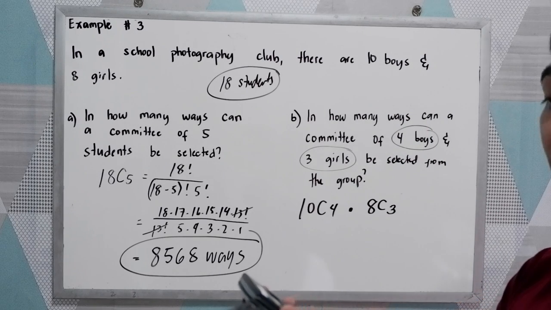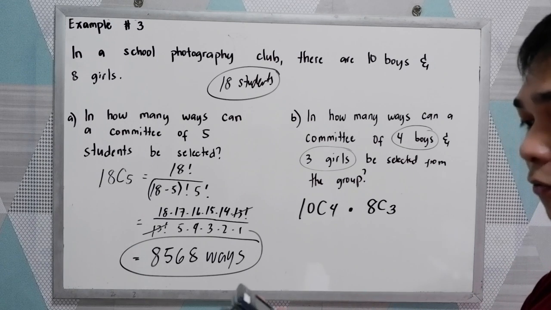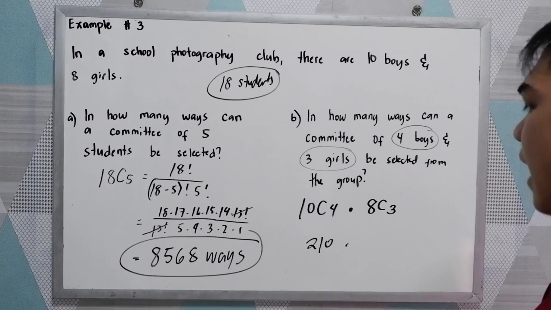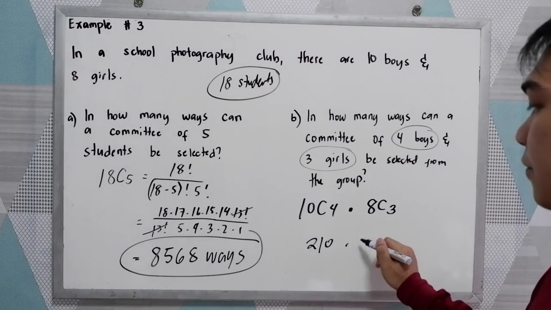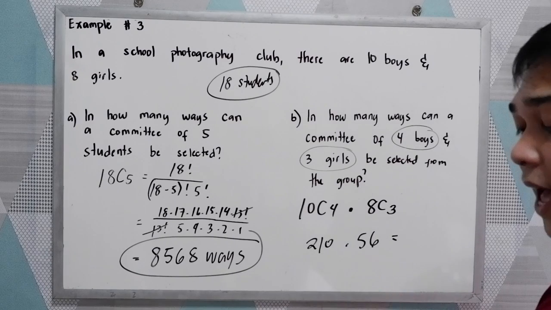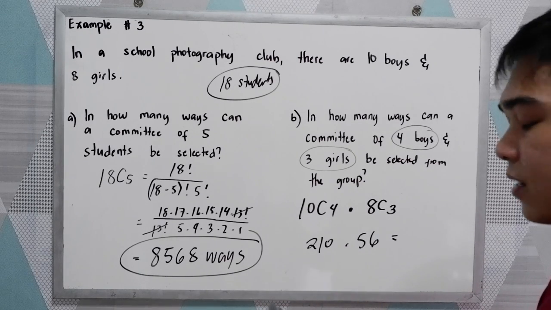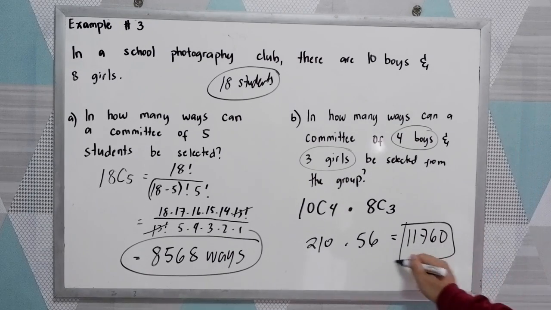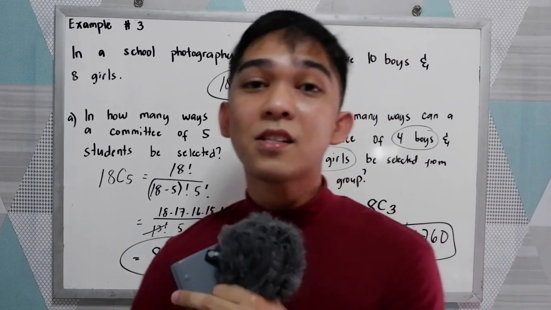Now, just press in our calculator, 10 shift C4, 10C4 is 210 times 8C3, that is 56. Multiply 210 times 56, that is 11,760. So check using your calculator, 11,760 ways. That is the combination.